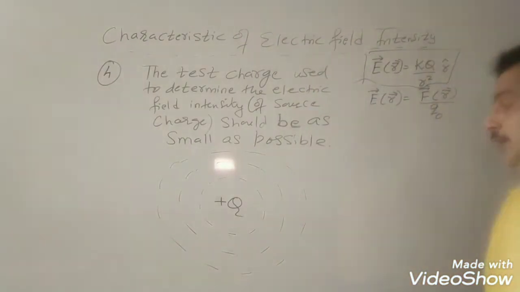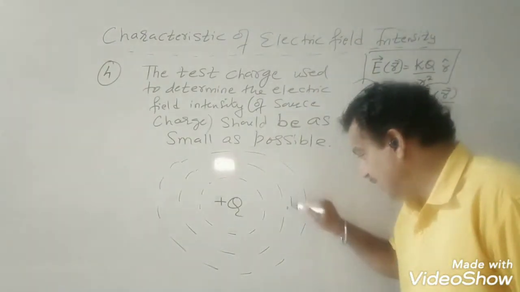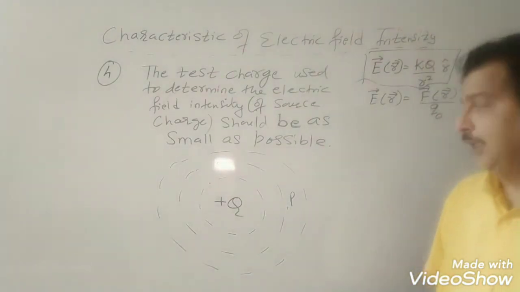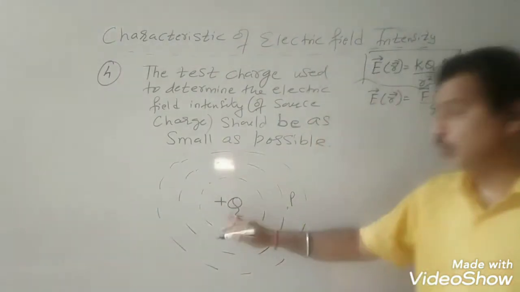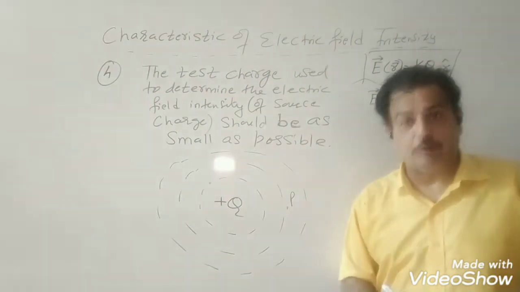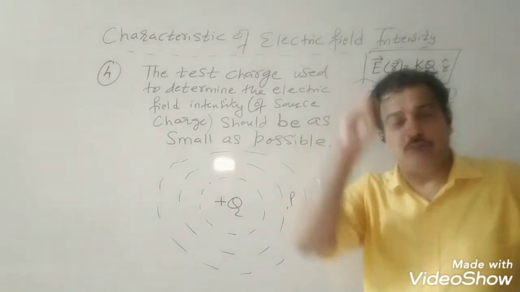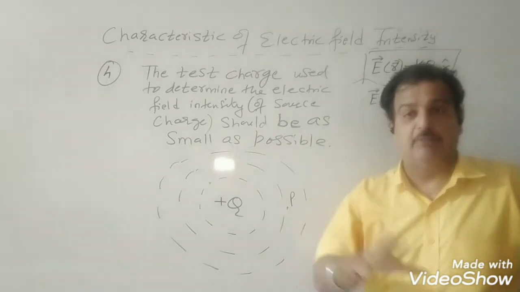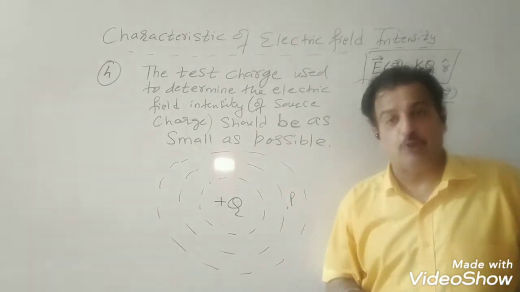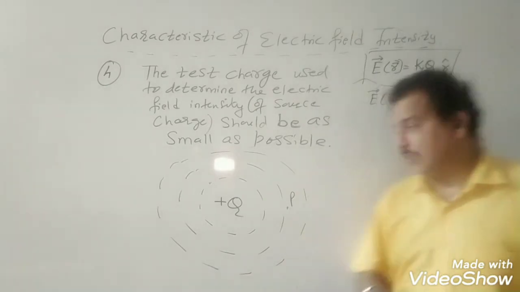Anyhow, if I place the test charge inside, it should not run away or its position should not change. For the time being we assume the source charge is always fixed at a given point by some unknown forces. We will discuss about it later on.